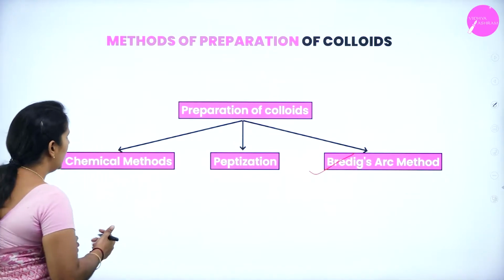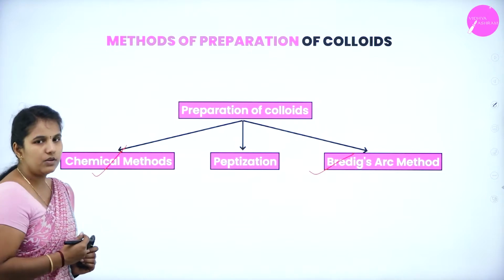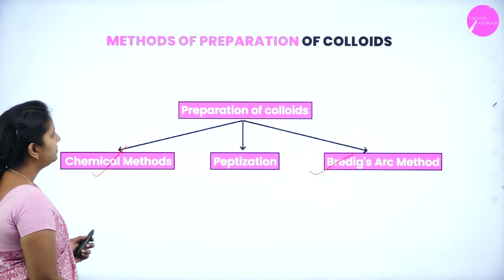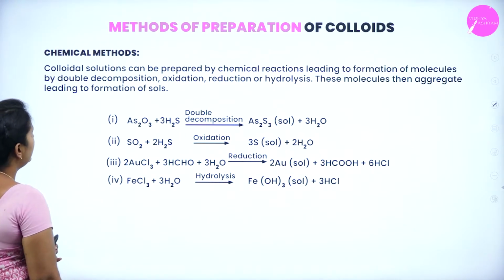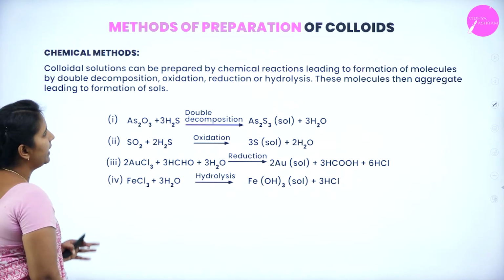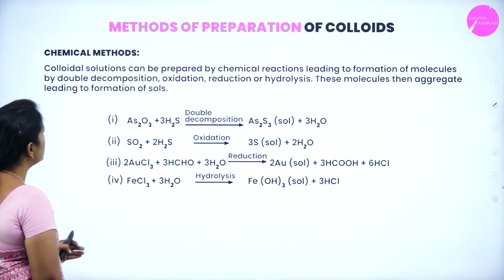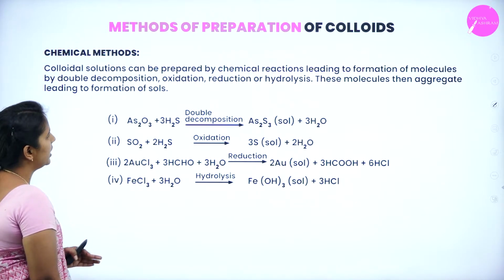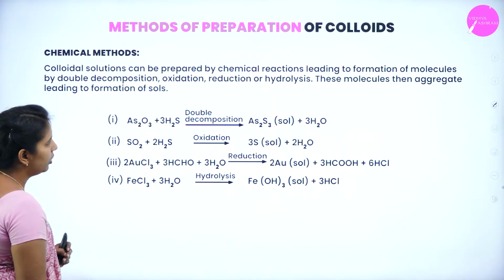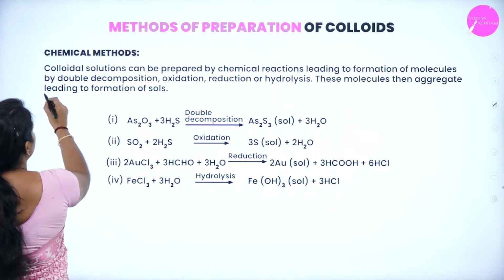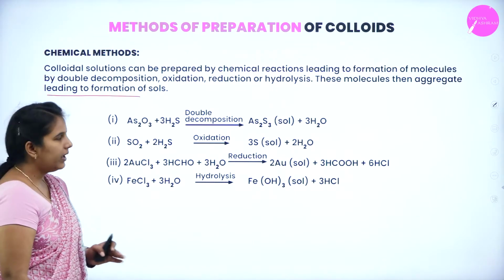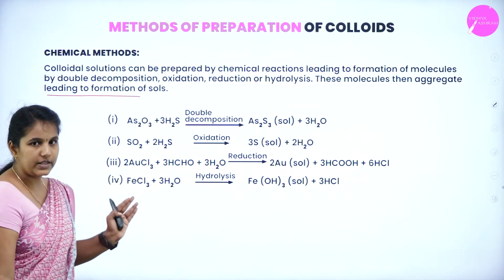First we will see how to prepare the colloid by using the chemical method. Colloidal solution can be prepared by chemical reactions leading to the formation of molecules by double decomposition, oxidation, reduction and hydrolysis. The molecules aggregate, leading to the formation of the sol. Here I have listed four different examples.